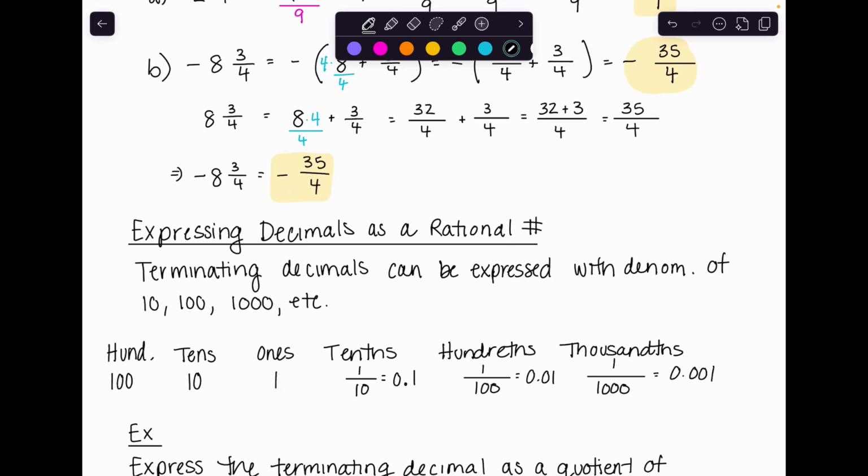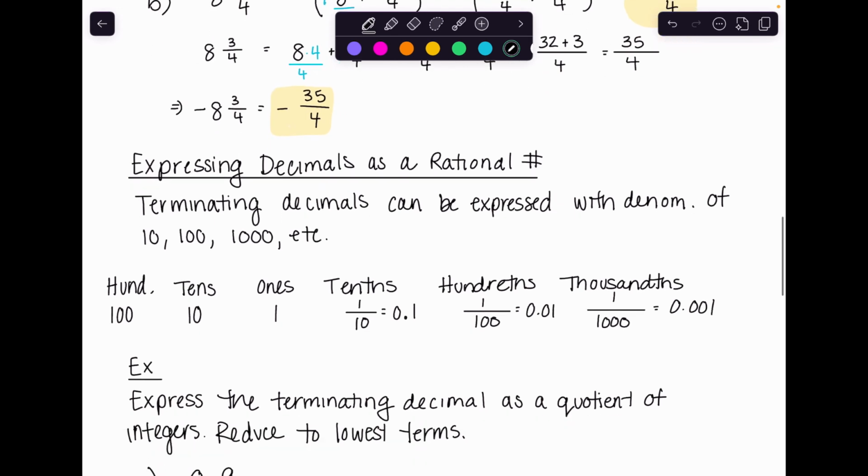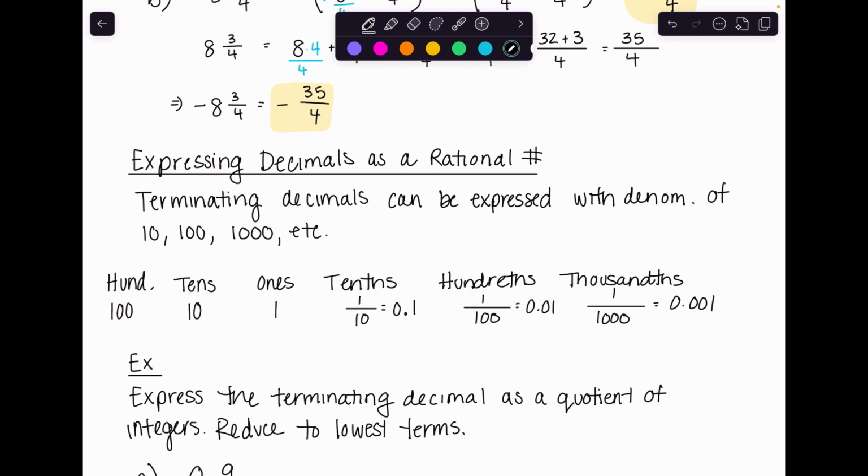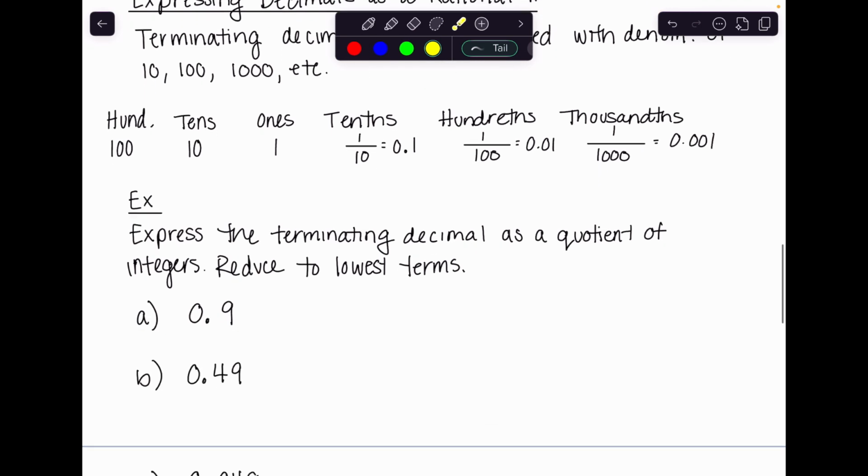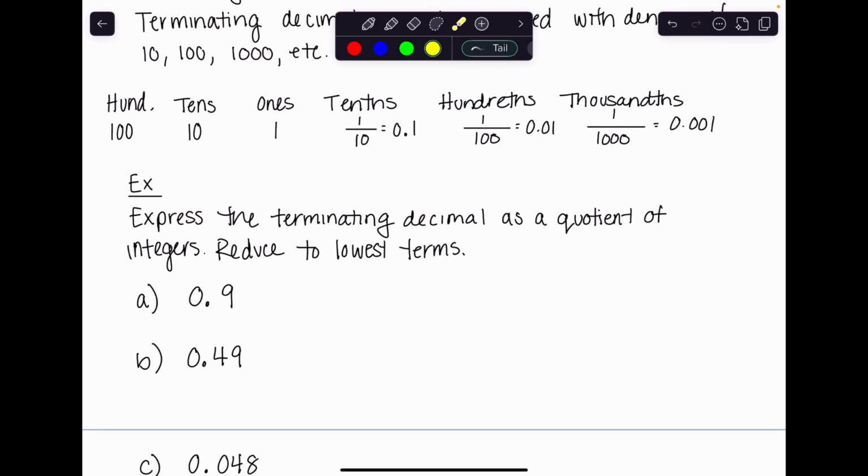Okay. So what we're going to do, if I want to express a terminating decimal as a rational number, all you're going to do is focus on how many decimal places, and that's going to tell you what the denominator should be, okay? And then in the end, I want to go ahead and reduce it as much as possible.